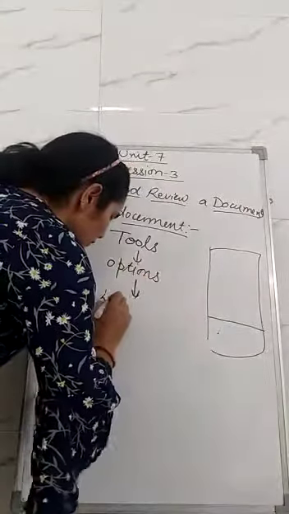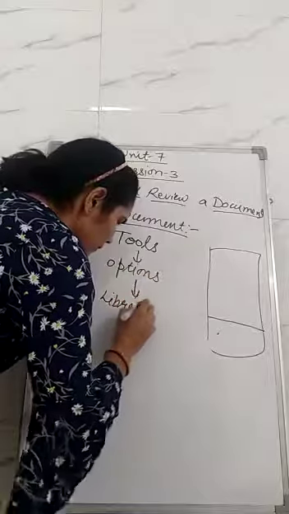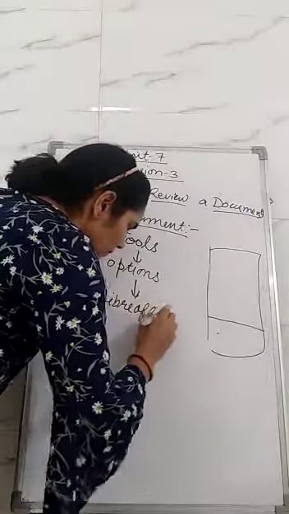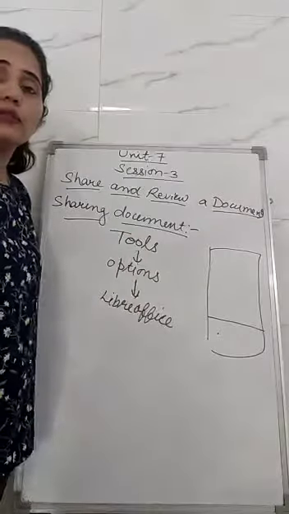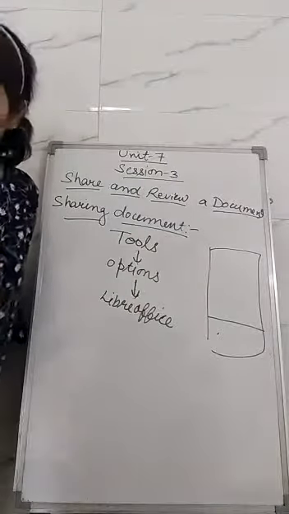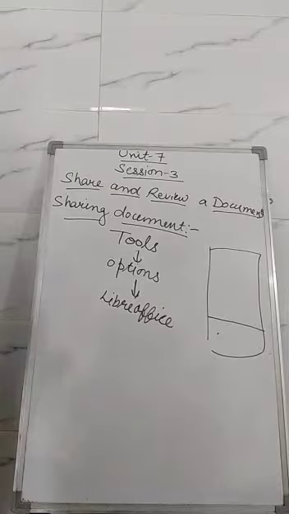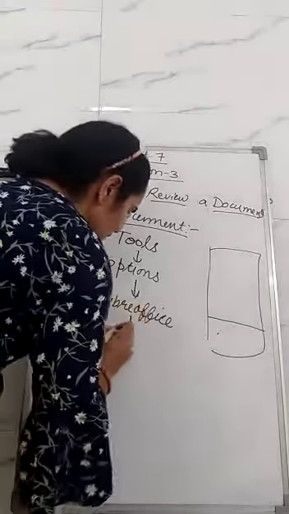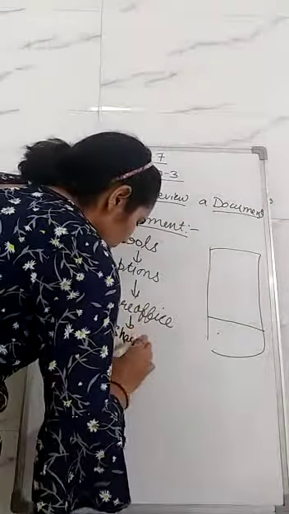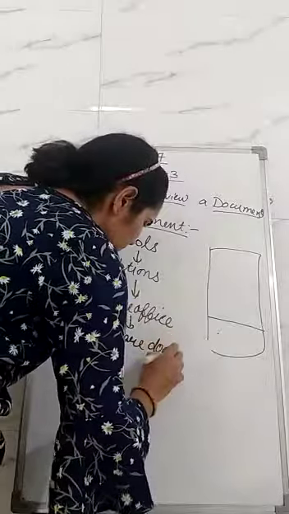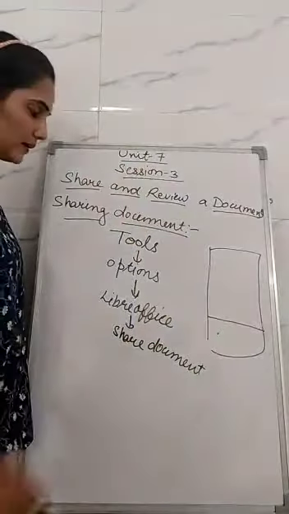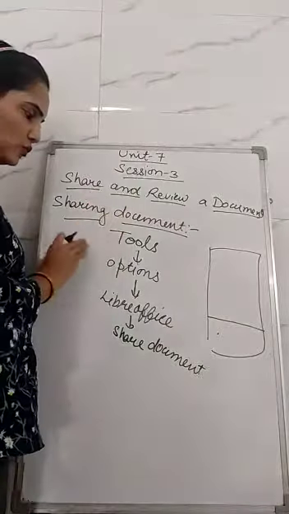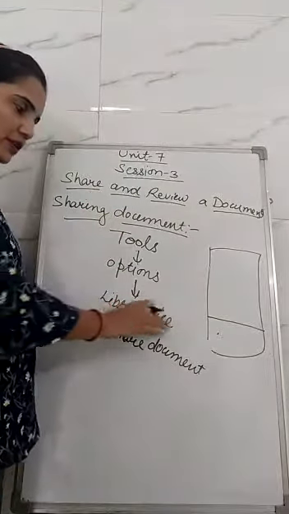After that you will click on LibreOffice. When you click on LibreOffice, the first point you will find is share document. Clear, my dear students? First click on tools, options, LibreOffice.